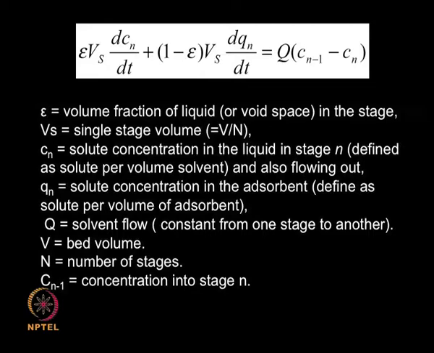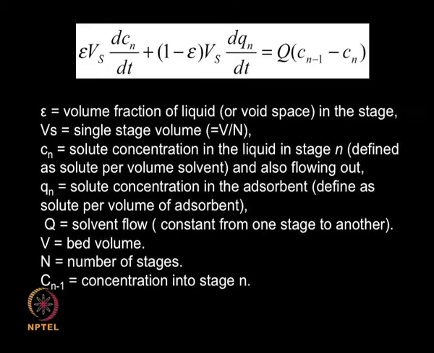One accumulation is the concentration of the solute in the mobile phase, the other accumulation is because of the stationary phase. For stationary phase concentration we use Q, for the mobile phase concentration we use small c. Epsilon is your voidage, Vs is the volume of a single stage, that means the volume of the entire column divided by N, your number of stages, capital N.